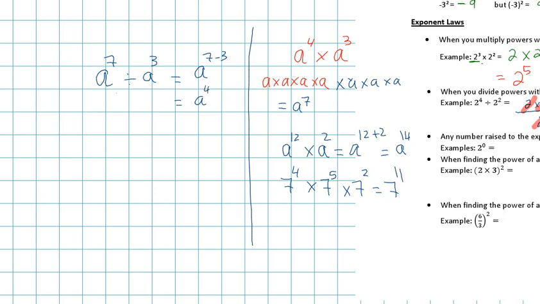So if you don't have the same base, you can't do it. You have to actually do the whole work. Okay? So let's say if you had this, there's nothing you can do. It's going to stay the same. It can be a question, but not for you right now.